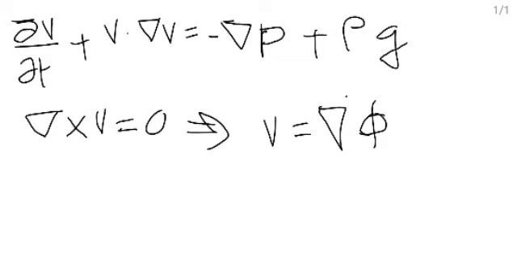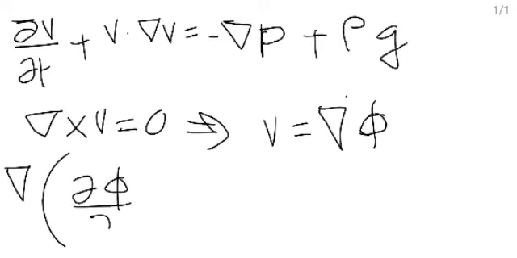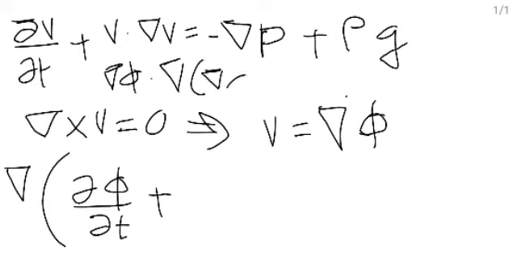Now I'm going to substitute this del phi here, and when we are taking this del common, we have dou phi by dou t plus, now del phi dot del of del phi.